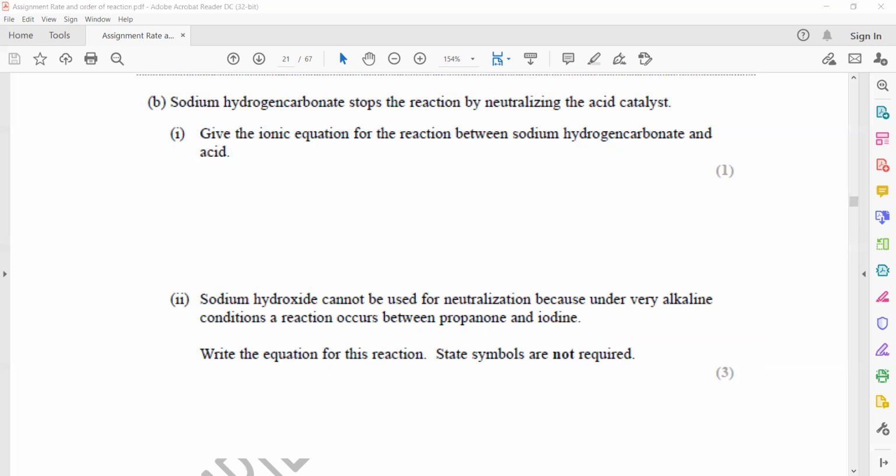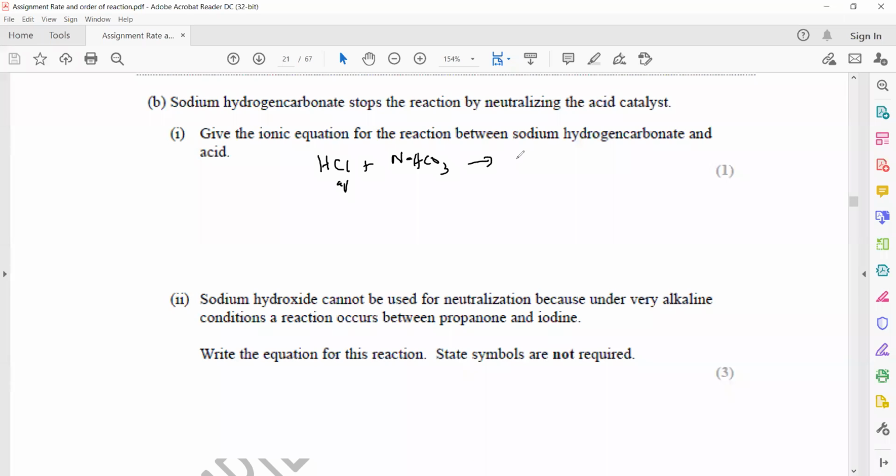Basically I can write the full equation, but we don't have to write a full equation, it's only 1 mark. But first I'm writing a full equation: HCl, aqueous, reacting with sodium hydrogen carbonate, because when an acid reacts with a carbonate it will give salt, water and carbon dioxide.